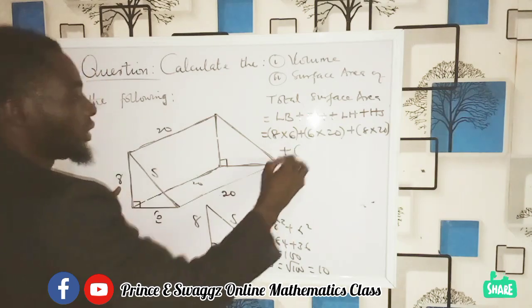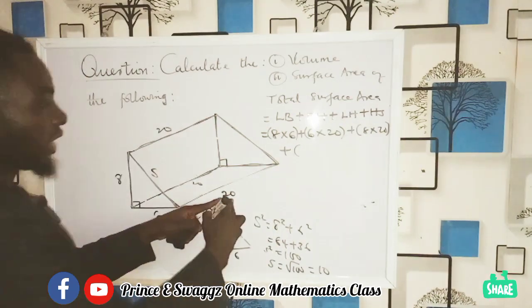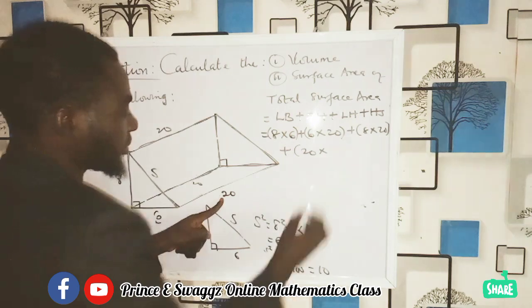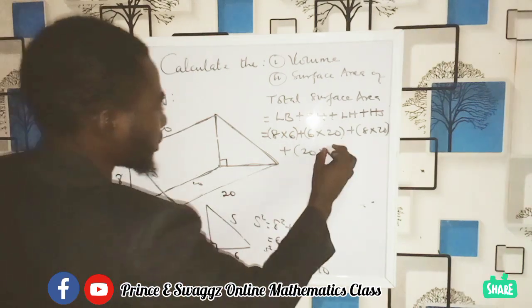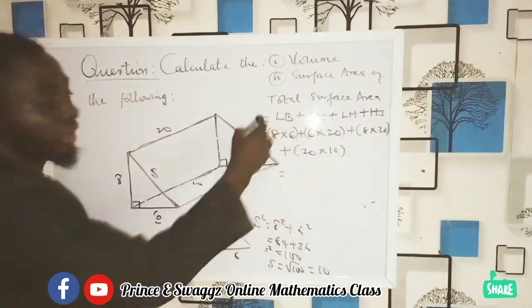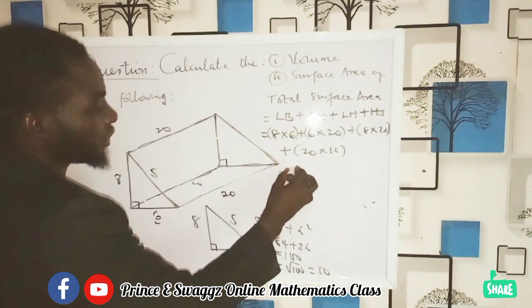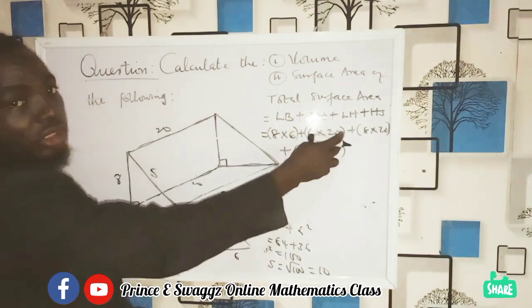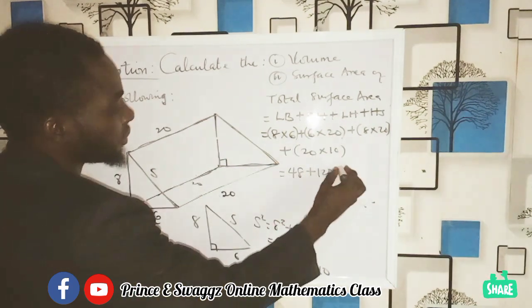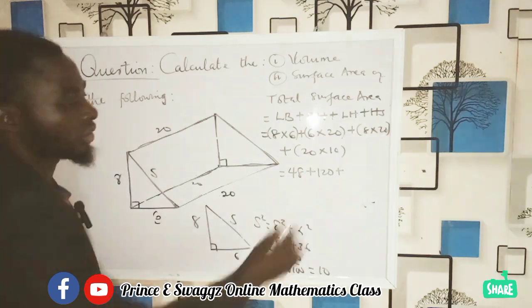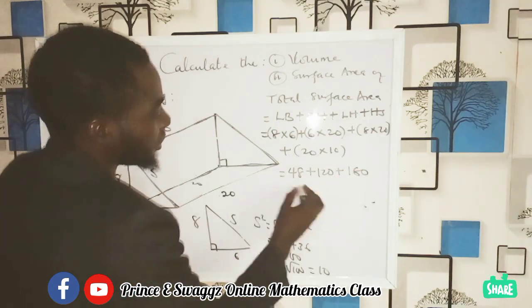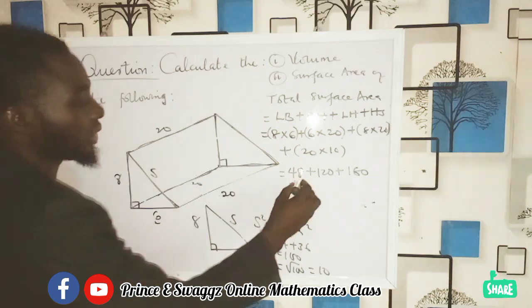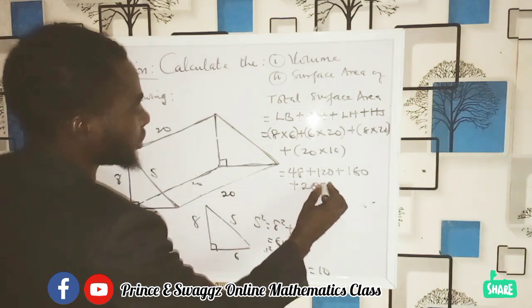Plus the height again, the height of the shape is 20, times the side, that is 10. So the area of this times this is 48. 6 times 20, that's 120. This times this is going to be 160. This times this will give you 200.